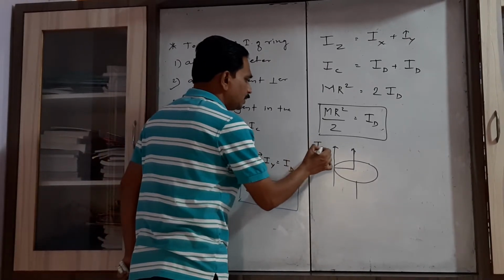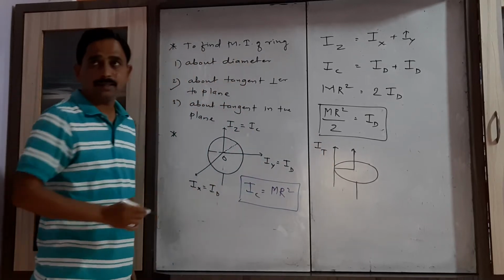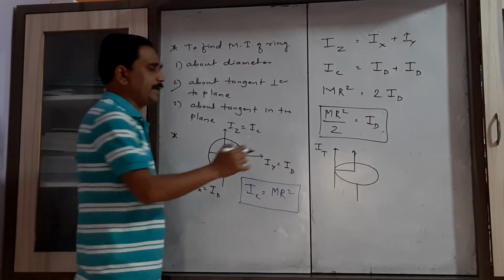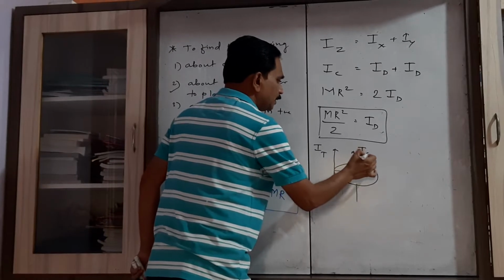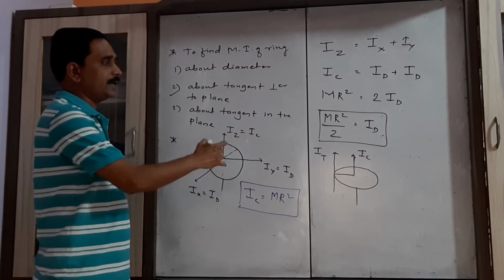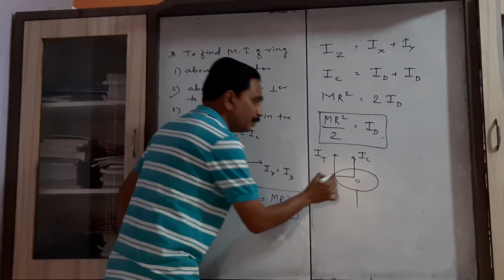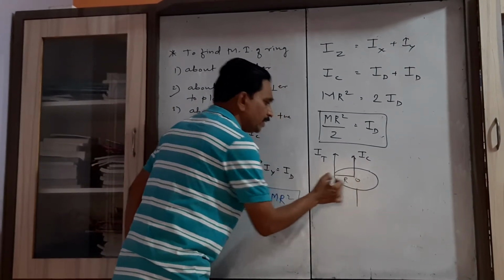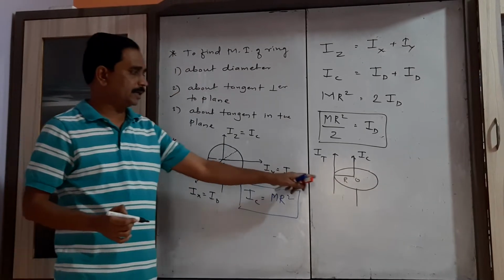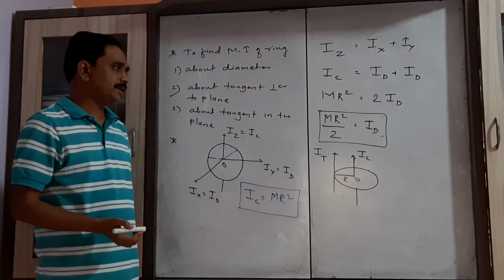Now the moment of inertia about the tangent is represented by It. This is the axis passing through the center, that's why I write here Ic. This is the center and this is the point on the circumference, so the distance between the center and the point on the circumference gives us the radius.